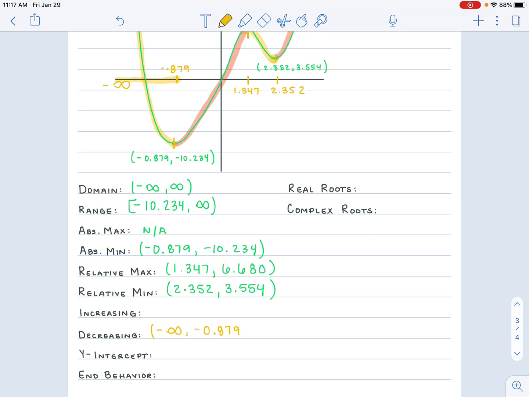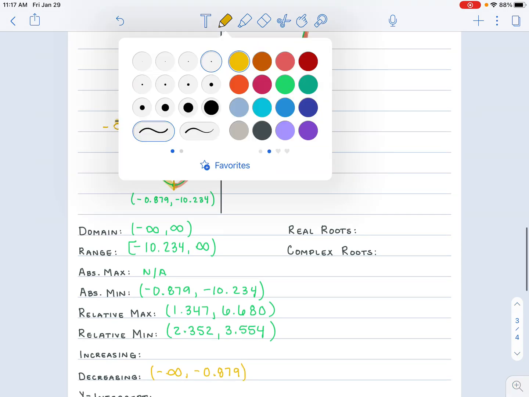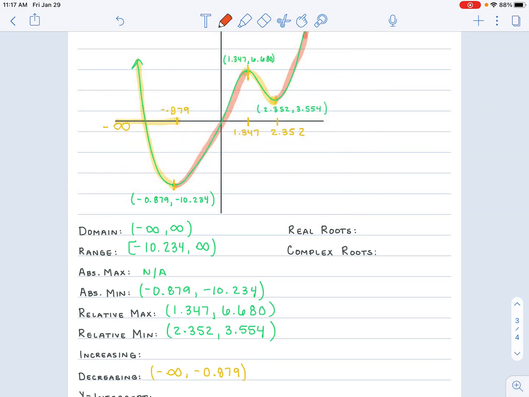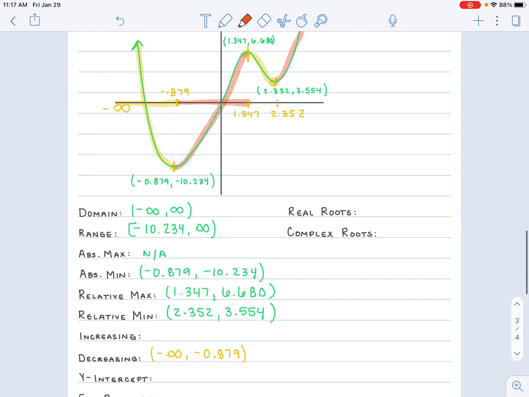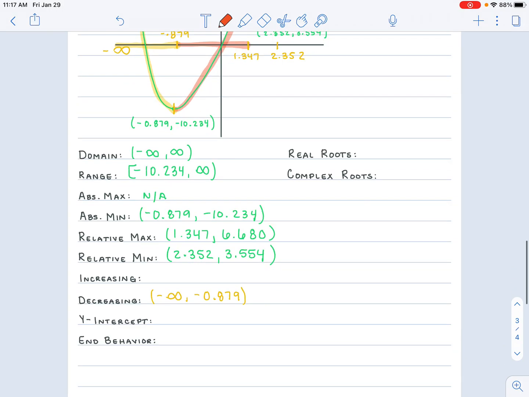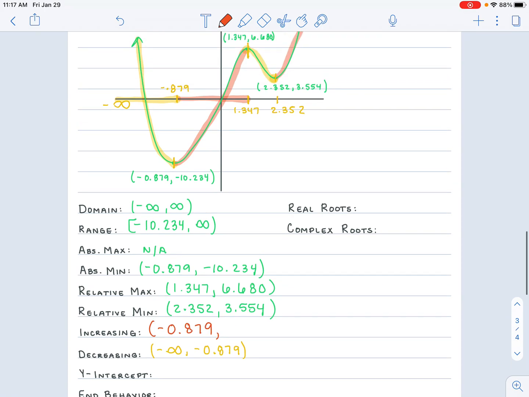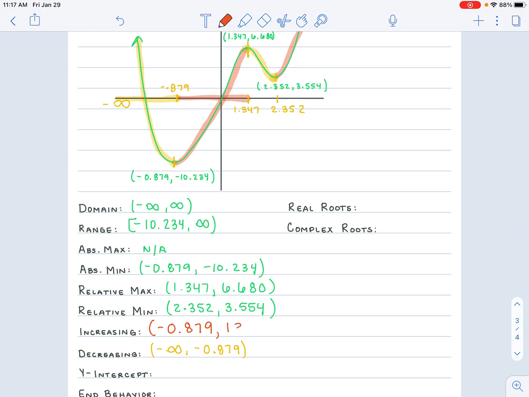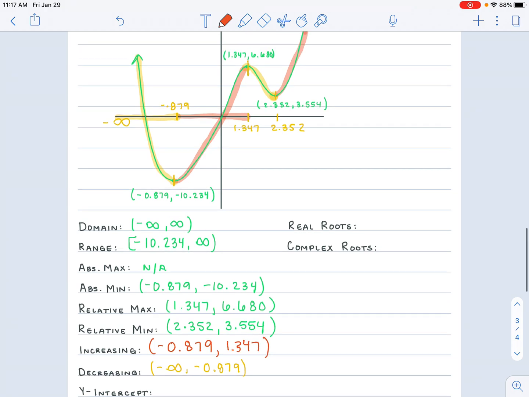So my first decreasing one would be from negative infinity to negative 0.879. And then at that point there, we're switching and we're starting to increase. So I would say we're increasing between these 2 values here. So my increasing interval is going to be negative 0.879 to the x value there, which is 1.347.